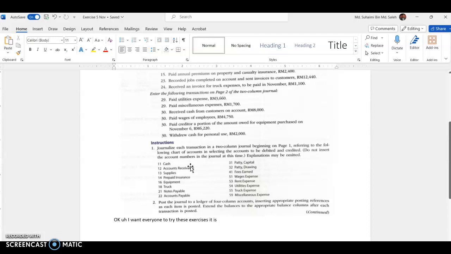Record jobs completed on account and send invoices to customer. So it means that this business has completed the services, performed their services, and has already given whatever the customers want, and we prepared invoice, give to customer, and waiting for customer to pay.